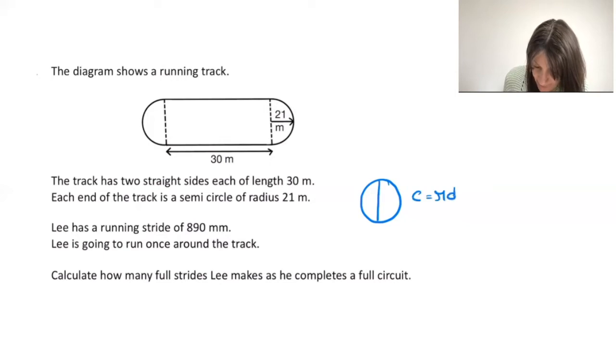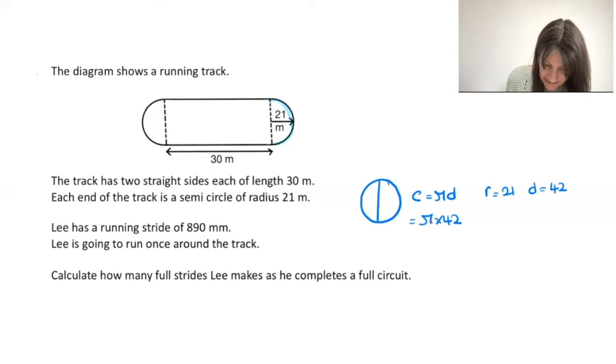Now, remember, they've only given us the radius. They've given us the radius is 21, which means the diameter is double that, 42. So we've got to do pi times 42. That is going to get me that section of my running track.